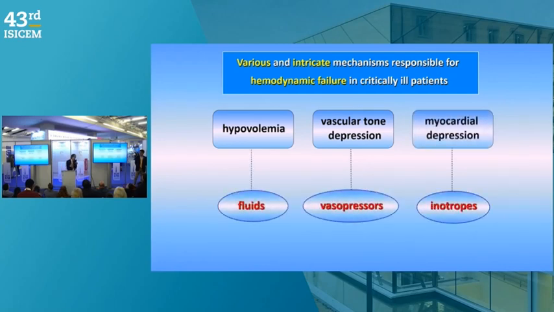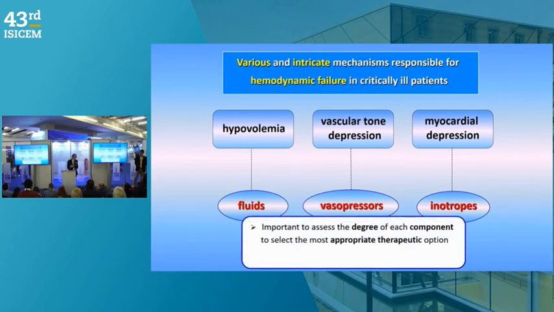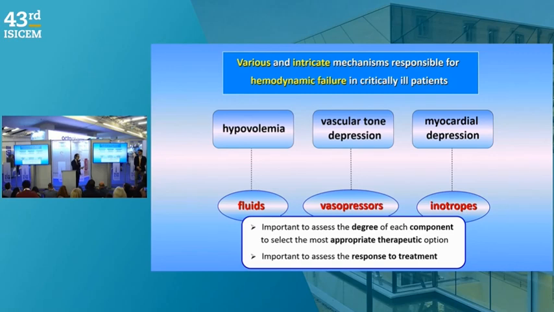And for this, we have three categories of treatment: fluids, vasopressors, and inotropes. Not very original. But the issue is to assess the degree of each component and to select the most appropriate therapy. And importantly, to assess the response to treatment.